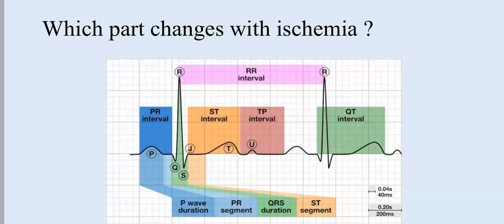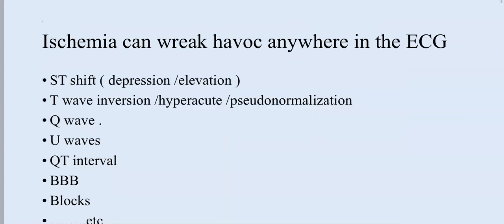Yeah, probably ST is the most common, but to tell you honestly, ischemia can wreak havoc anywhere in the ECG. So this is the very first piece of information I want to deliver, that the ECG and ischemia is everywhere. So ischemic manifestation in the ECG can be anywhere.